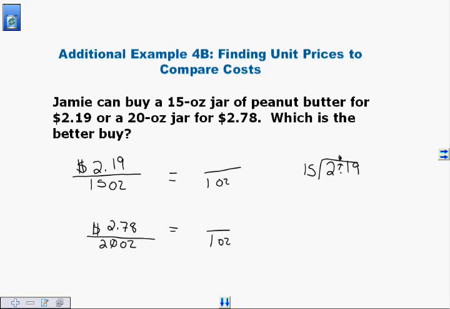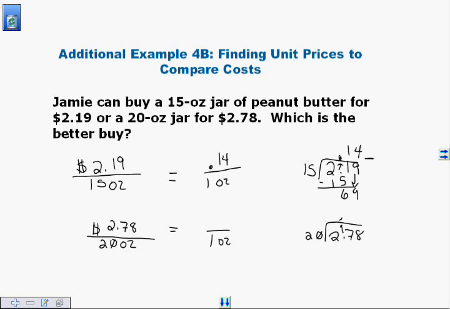Bring your decimal straight up. 15 goes into 21 one time. 21 minus 15 is 6. Bring down your 9. 15 into 69 is 4. And I'm going to go ahead and stop there since it's money. Now, if these end up being really close, then I would need to go out to the next place value. So let's go ahead and divide this one, see where we're at.